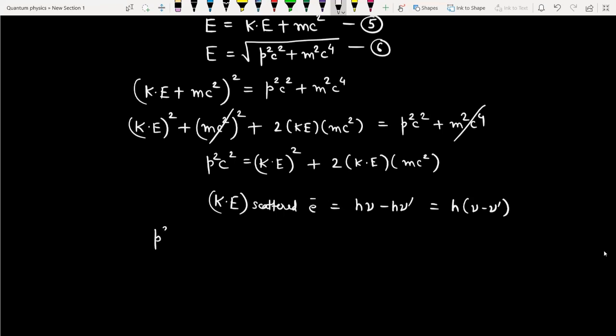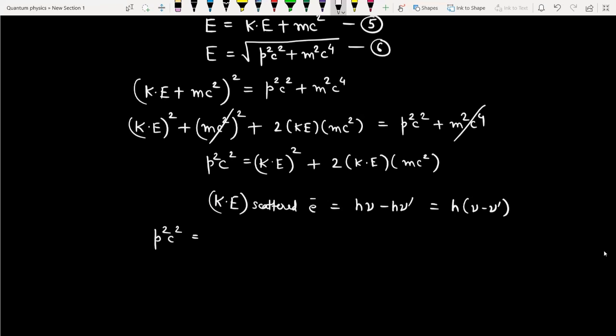What we get is p square c square is equal to kinetic energy, and we are squaring this term.